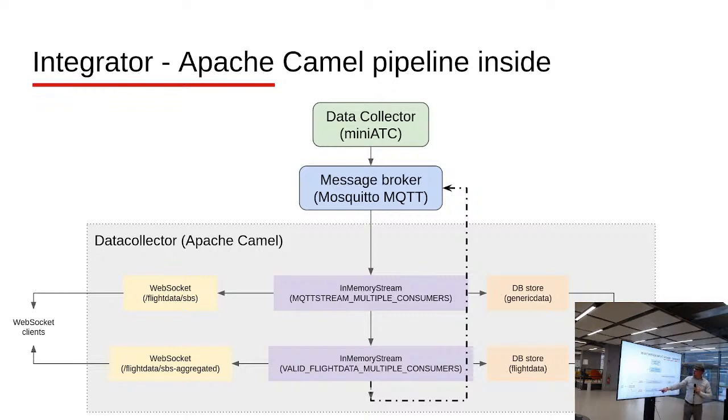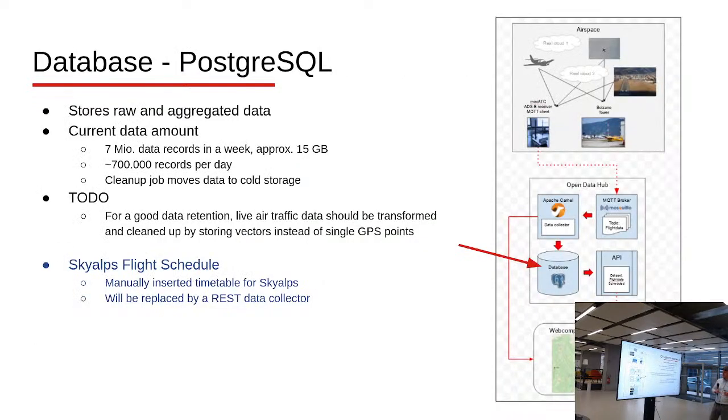Here it forwards it to another in-memory stream where it does the aggregation, stores it, and puts it out on the WebSocket and stores it as well. So this is what you can do with this pipeline concept. And we didn't, but this line here shows that you could give the aggregated data back to Mosquitto, so someone can subscribe and take the aggregated data from Mosquitto.